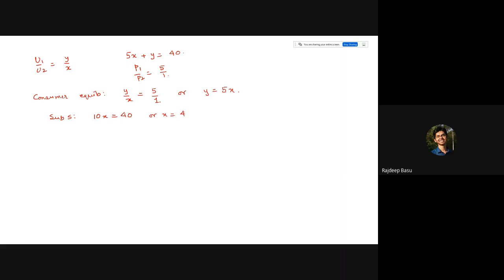Or x equal to 4. আচ্ছা, তারপরে যদি এখানে 4 বসাই, I'm getting 20. So y is equal to 20. So this is the equilibrium bundle.